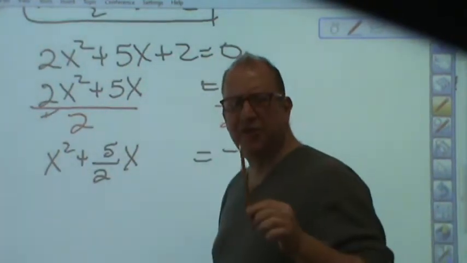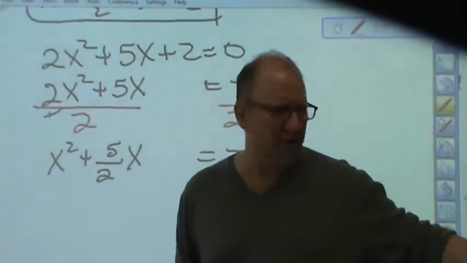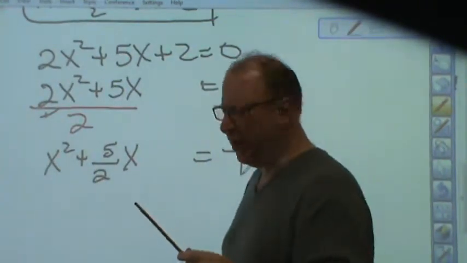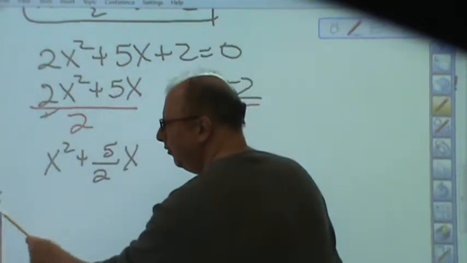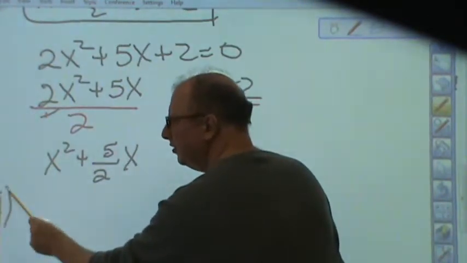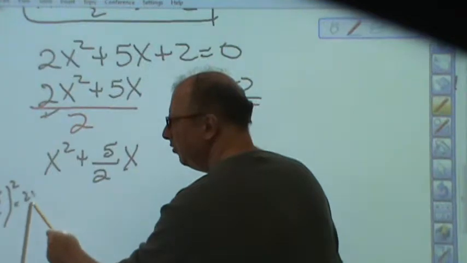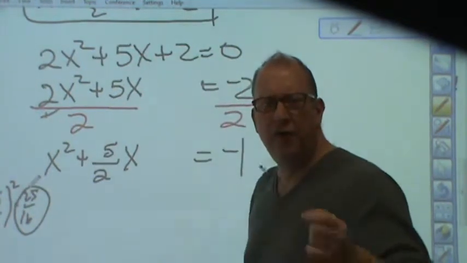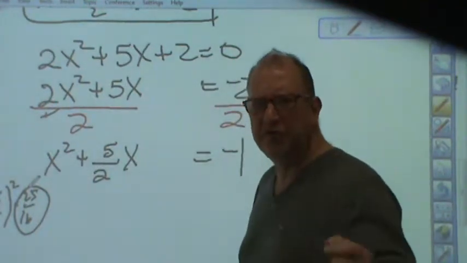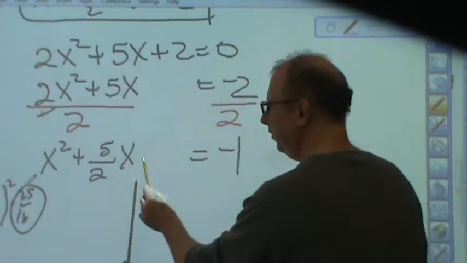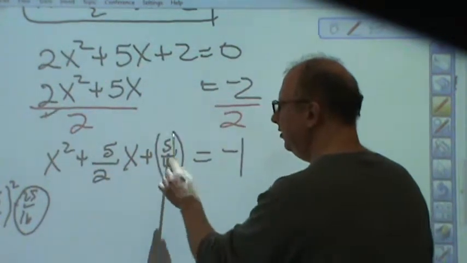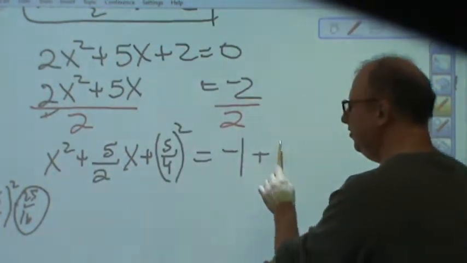Now let's go through the exact same process we did last time. If I take the 5 over 2 and take half of it, now I have 5 over 4. I square it, and that gives me 25 over 16. So I will add 25 over 16 to both sides of the equation. So if I add 5 over 4 squared to this side, I'm also going to add it to this side.